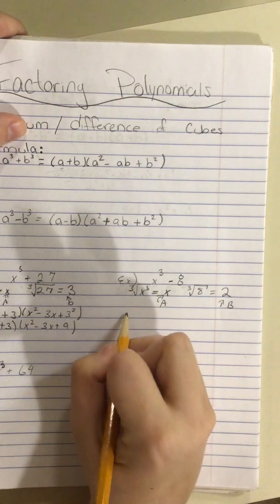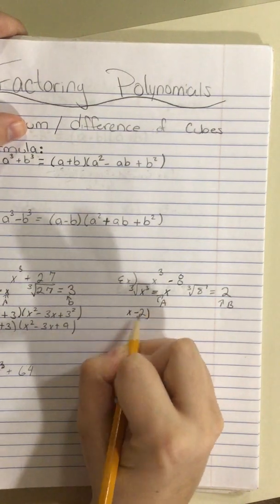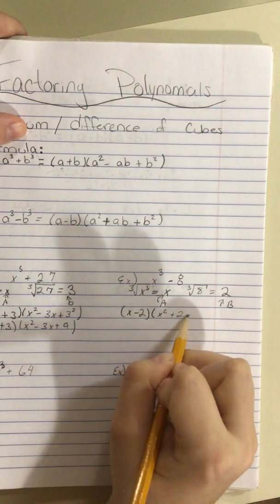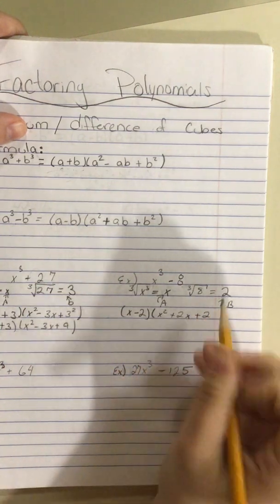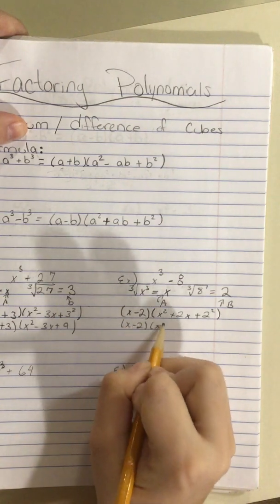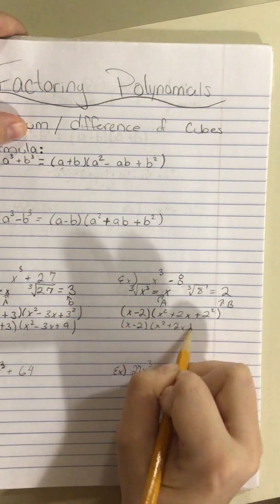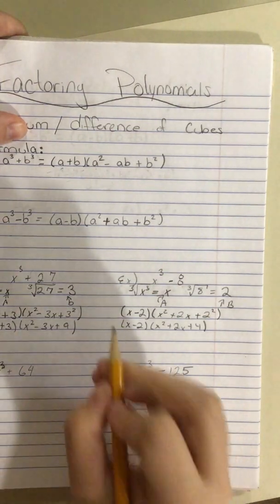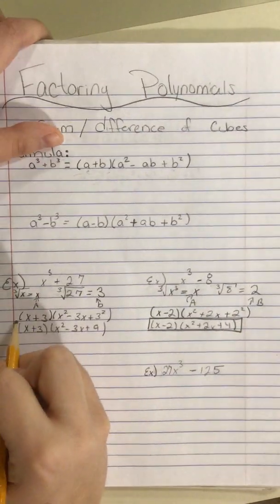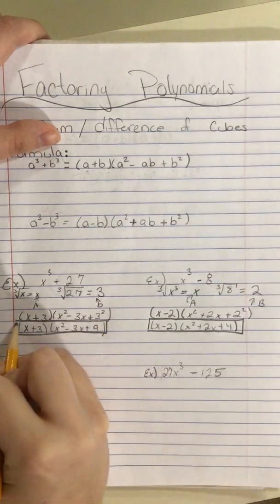We get x minus 2 times x squared plus 2x plus 2 squared. And then I'm going to simplify this. And there we go. Here are our two answers for these two examples.